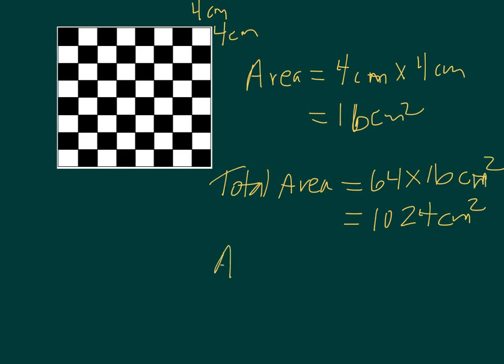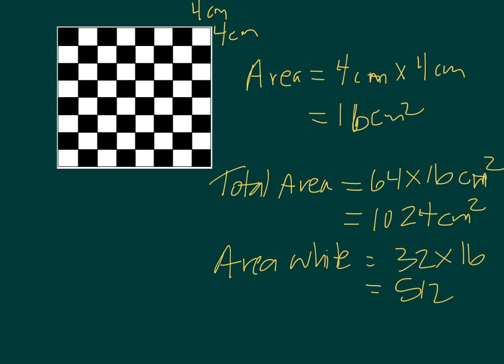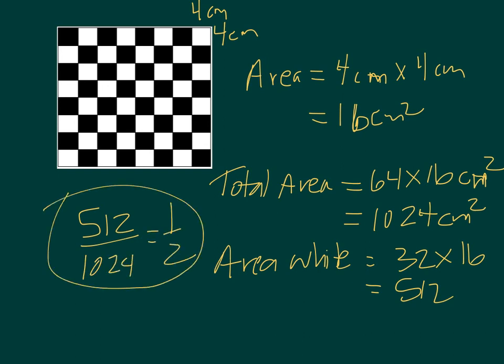And the area of our white squares equals 32 times 16, which is 512. And if we check the ratio of those two areas, we find out that it still reduces to 1/2. Interesting.